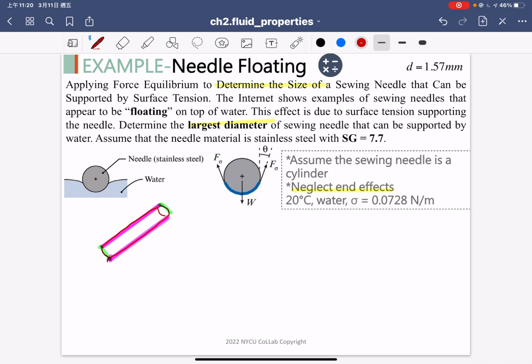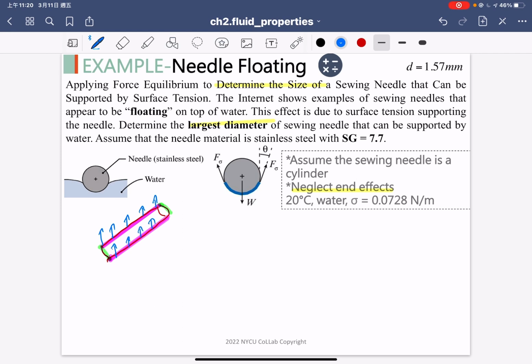So why do I draw these two lines? Because I know the surface tension force will act along the two lines. So we have the surface tension force acting on the two sides of the needle, the interface between the water surface and the needle, just the close over lines.